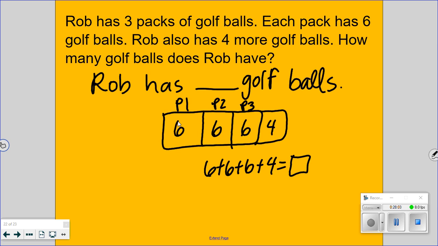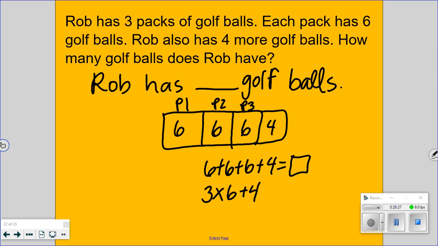We could also do 3 groups of 6 plus 4 more. Do we know where this came from?